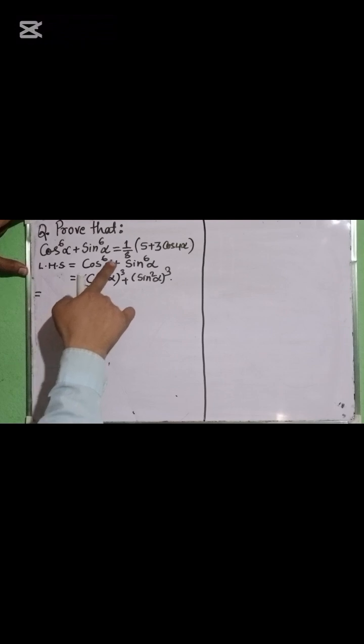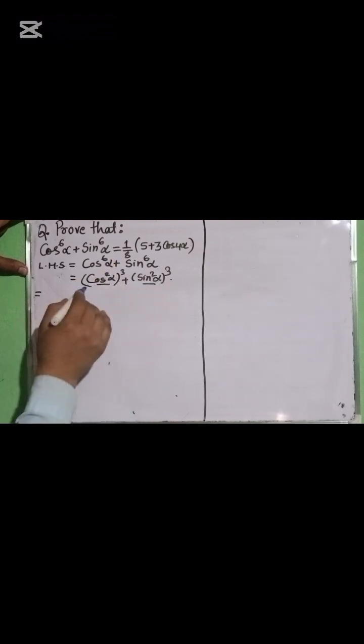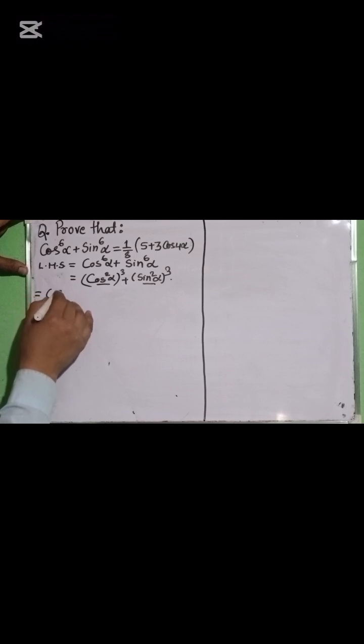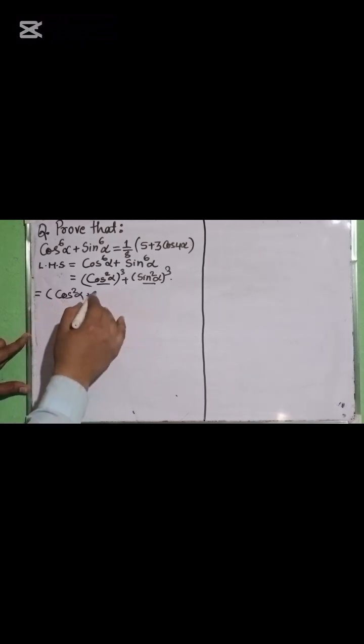As we know that a cube plus b cube, this is a and this is b, first of all write them. A means cos square alpha plus b means sine square alpha.